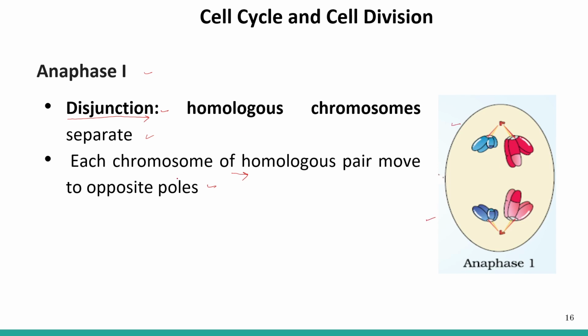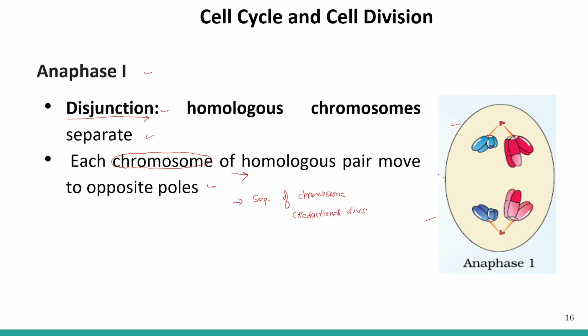The point to remember here is that there is separation of chromosomes and not chromatids. That's why it is known as reductional division. So reduction is happening here in anaphase.